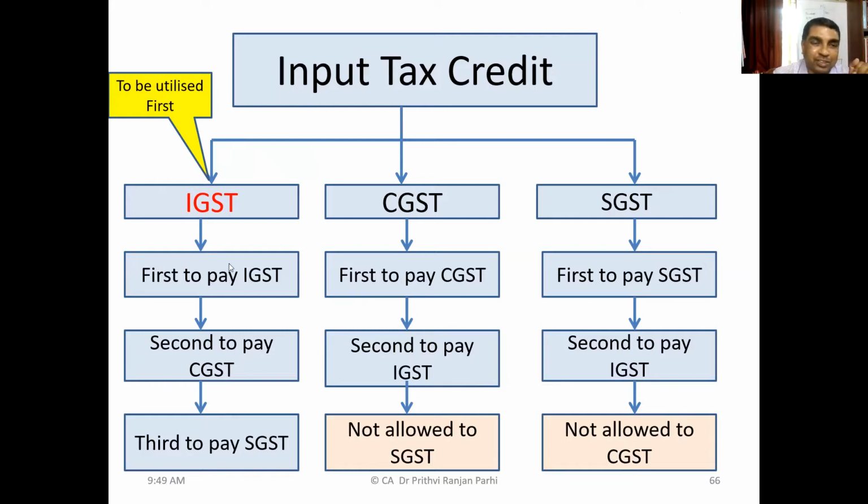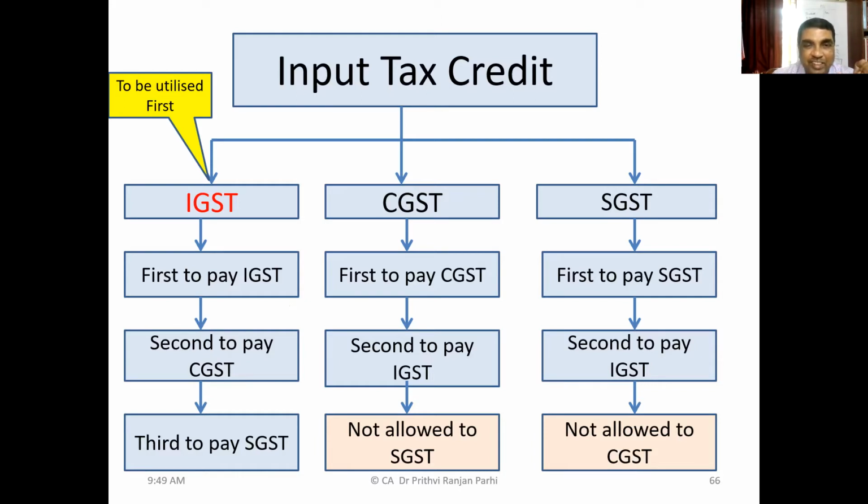So first pay IGST liability, then pay CGST liability, and the balance pays SGST liability. Of course, for CGST and SGST you can pay in any proportion, up to you. But first pay IGST, then CGST, then SGST.